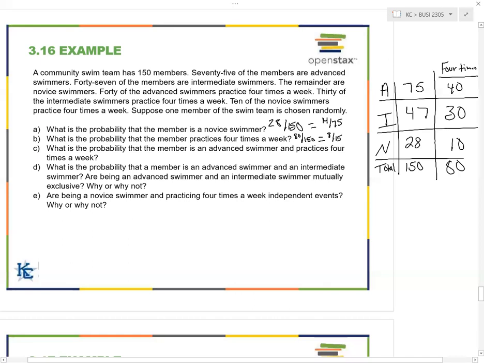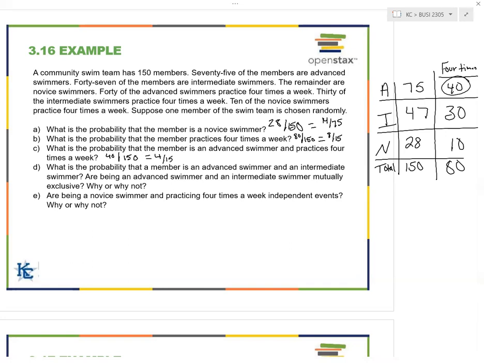What is the probability that the member is an advanced swimmer and practices 4 times a week? So 4 times a week and advanced is 40 over 150 total. Okay, so that reduces to 4/15. What is the probability that the member is an advanced swimmer and an intermediate swimmer?